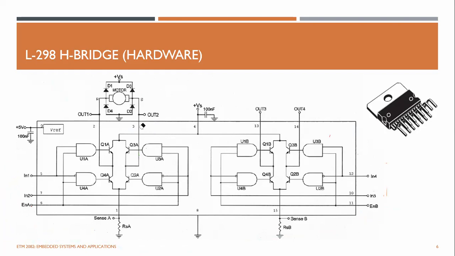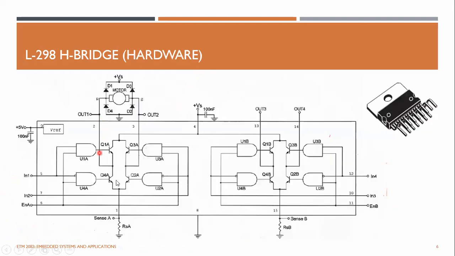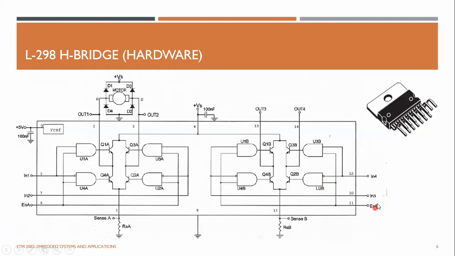So that is the hardware and how you interface. Now, this is how you control. I mentioned enable: if you want to enable the bridge A, you have to provide 5 volt. If you want to enable bridge B, you have to provide 5 volt here.